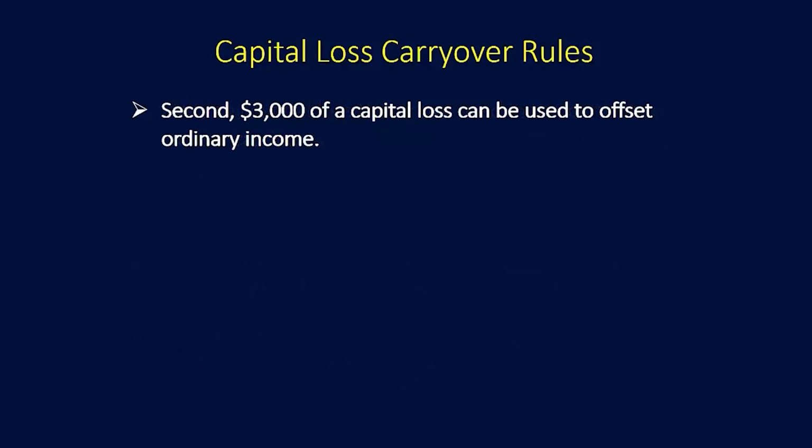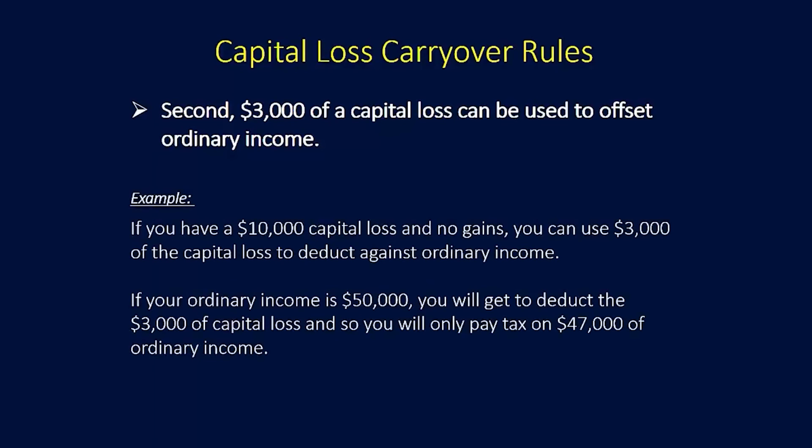Second, $3,000 of a capital loss can be used to offset ordinary income. For example, if you have a $10,000 capital loss and no gains, then you get to use $3,000 of the capital loss to deduct against your ordinary income.